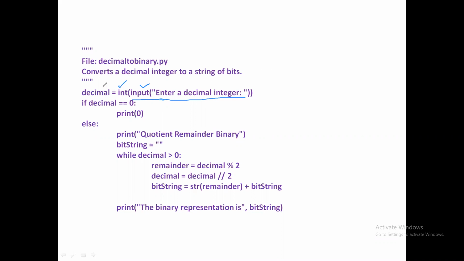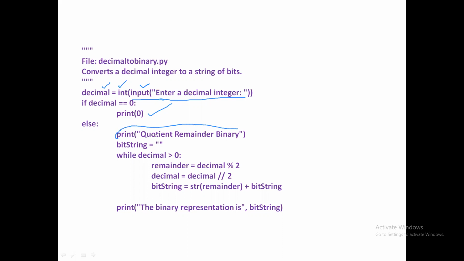So now the number is stored into decimal. If it equals 0, we can directly print 0 because anyhow the number is the binary number itself. In the else part, we need to convert the decimal number into a sequence of zeros and ones. And the method we are using is quotient, remainder, binary.